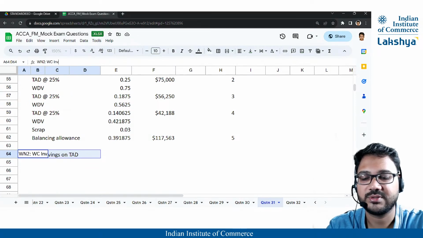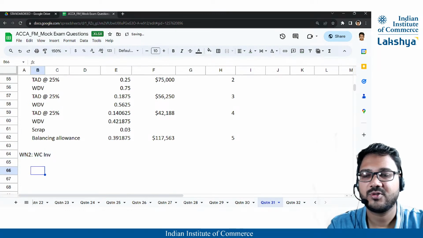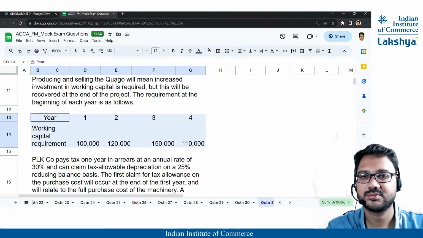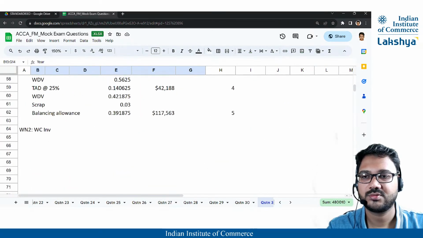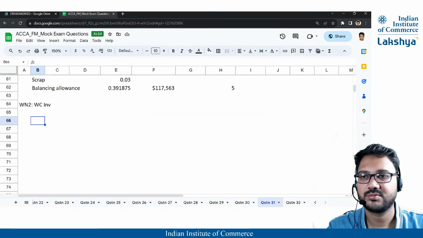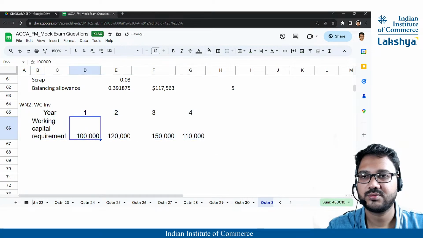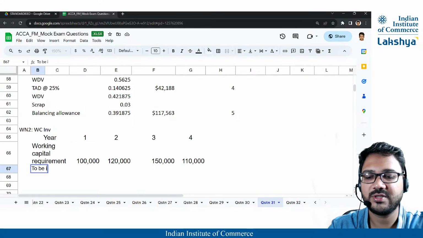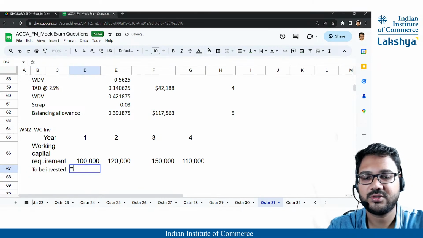WC investment. Okay, so we have a table already. Now we know what the requirement is. So to be invested, right?